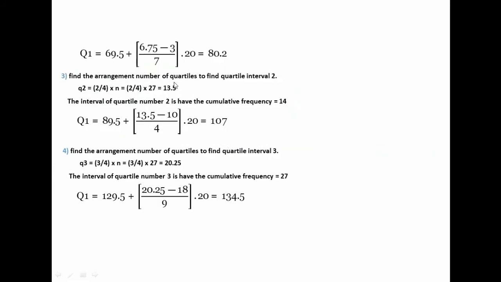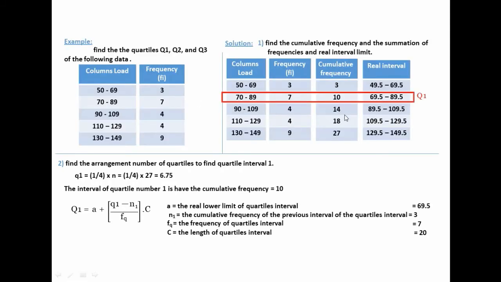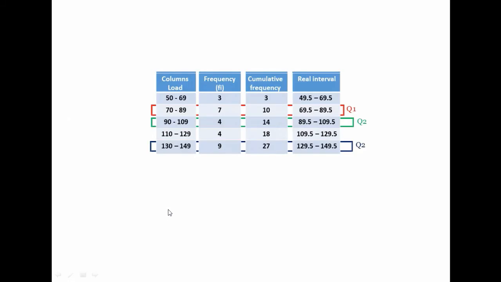Similarly 13 lies in this group, for which 10 is the previous cumulative frequency. Now 20 lies in this group, so the cumulative frequency is 18. Now putting in the values: this is the cumulative frequency, this is the lower limit of the class, and this is the small q3 value, and this is divided by 9, the frequency of the class, multiplied by the class interval. So 134.5 is Q3.